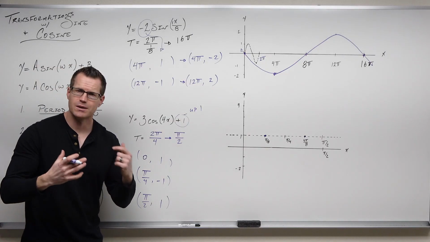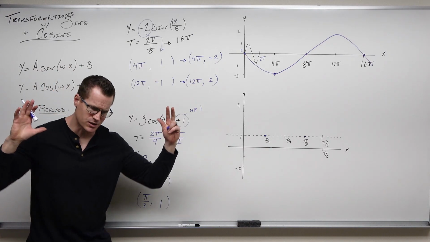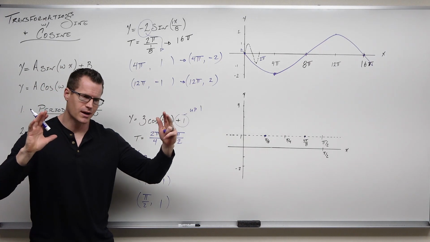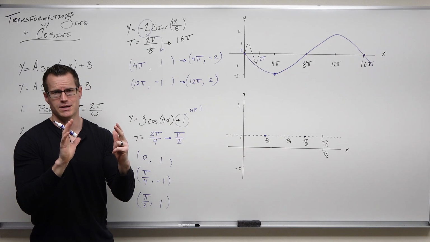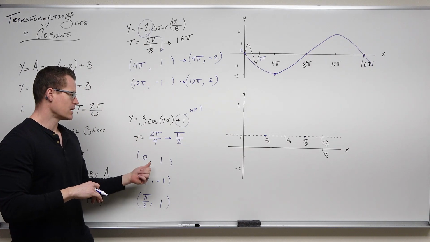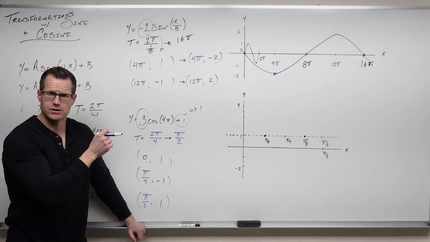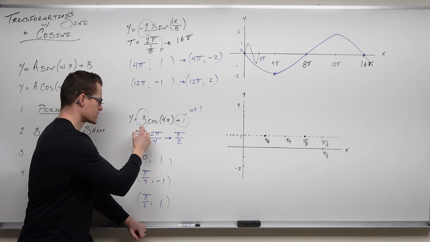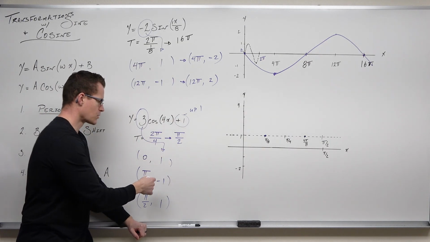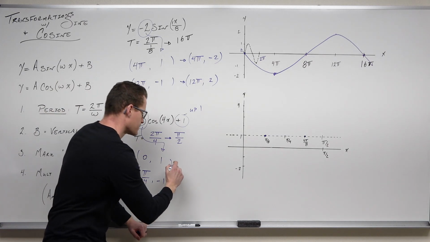Those are our key points as it would relate to a cosine that's been sort of squished to a quarter of the normal period. Now we're going to say, hey, those things can be multiplied by whatever number's here. That factor out in front multiplies your outputs, so allow it to do so. So 3 times all of these outputs.